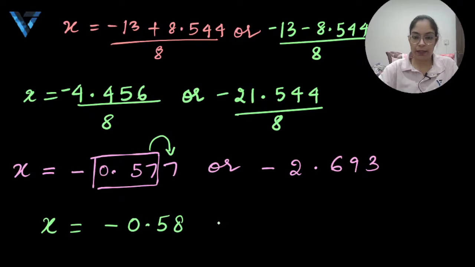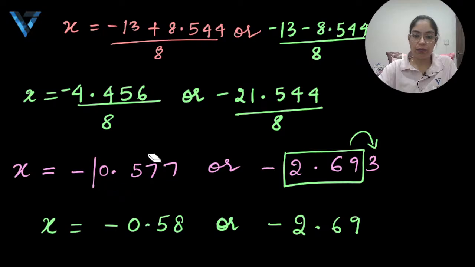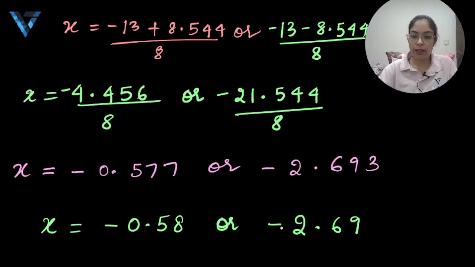Here also up to 2 decimal places, and the next digit is less than 5, so this will be minus 2.69. You don't have to round up if it's less than 5. So x is equal to minus 0.58, or x is equal to minus 2.69.